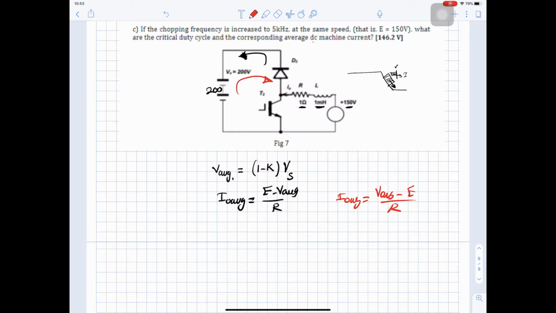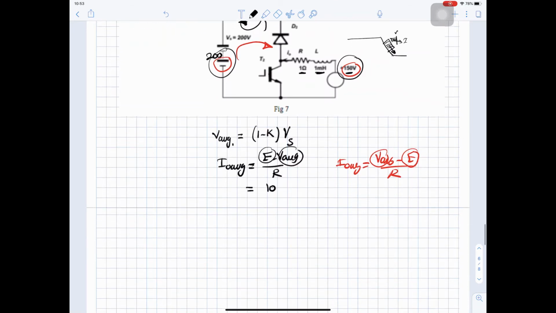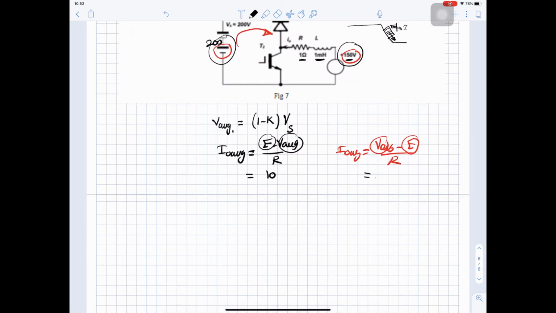The current going from the source to E is V average minus E. If the current is going from E to V source, it is E minus V average. So this current is 10 amperes, and this current should be negative 10 amperes.